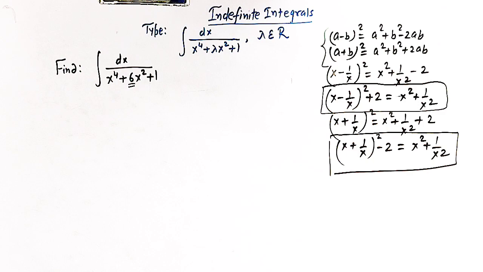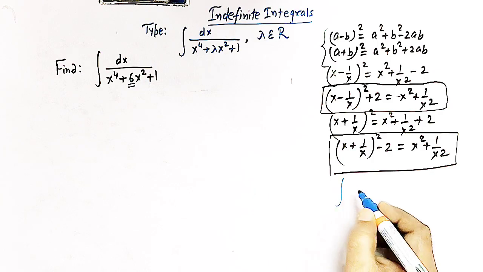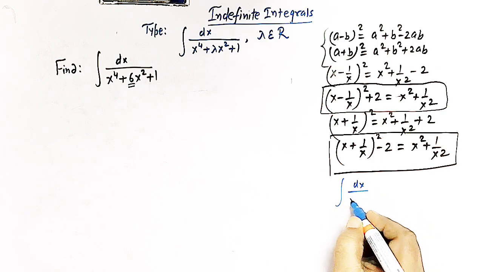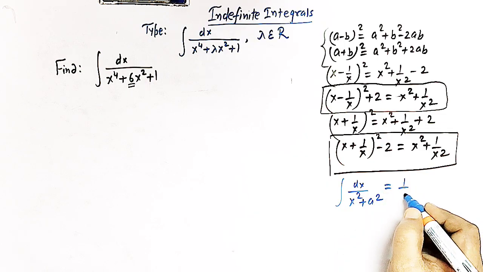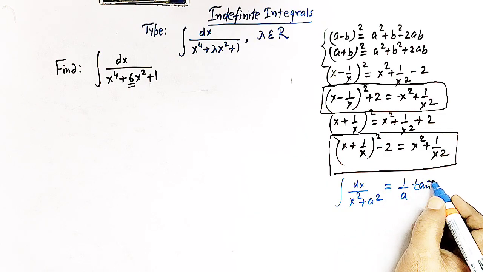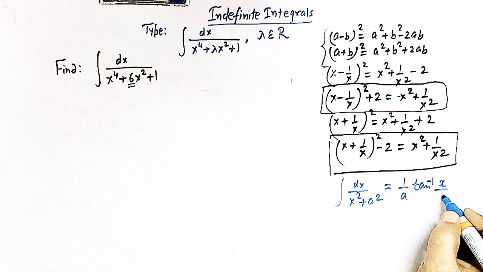And one more important result which we are going to use here is the integral dx over x square plus a square. So here we have 1 over a tan inverse x over a.